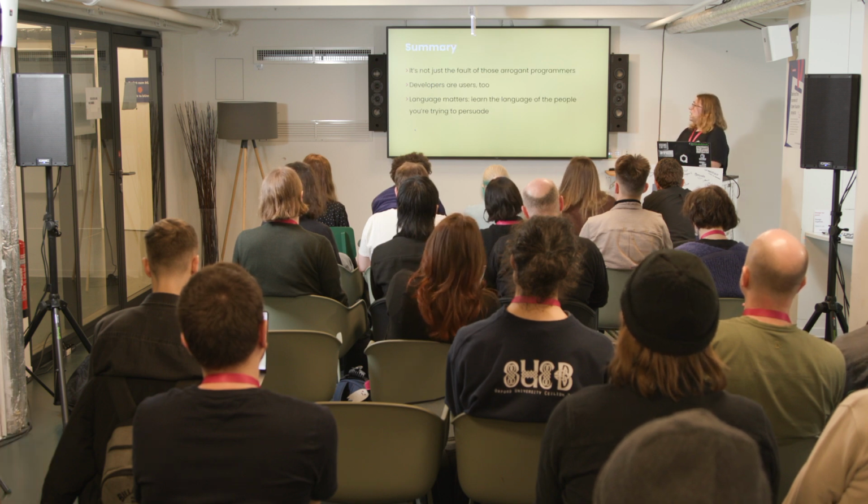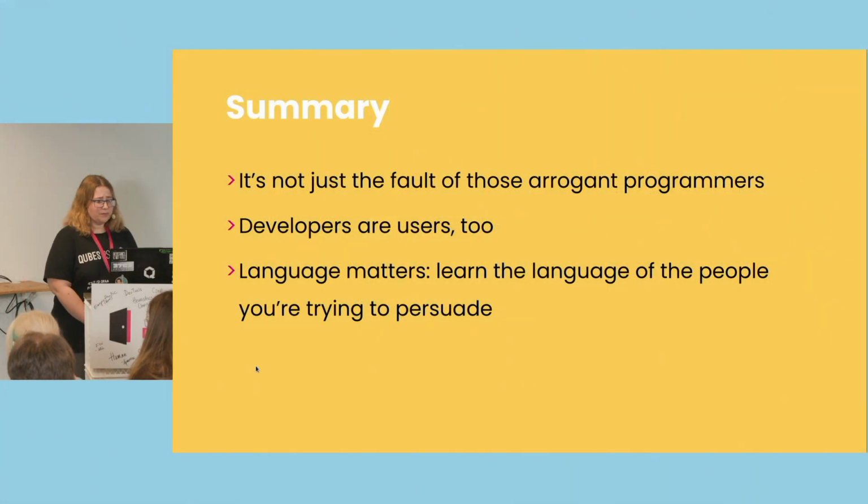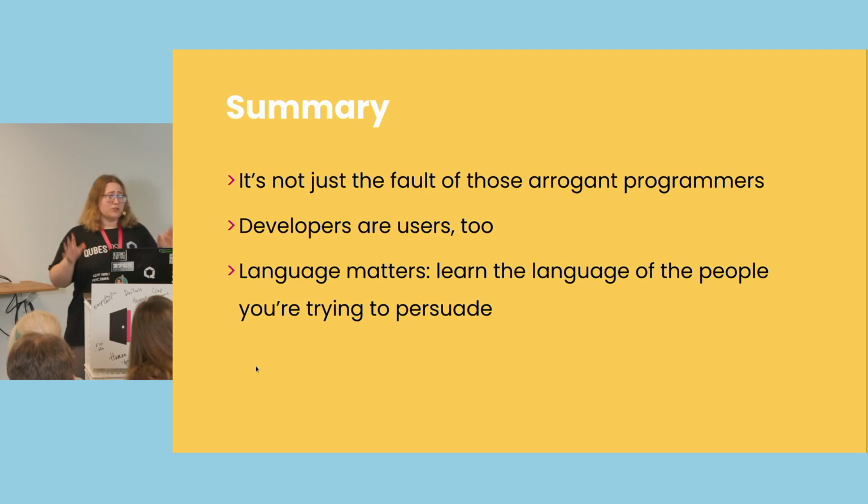So let me summarize. I don't think the bad design in open source is just the fault of those arrogant programmers who don't listen to design. Developers are also users. Developers are also people.